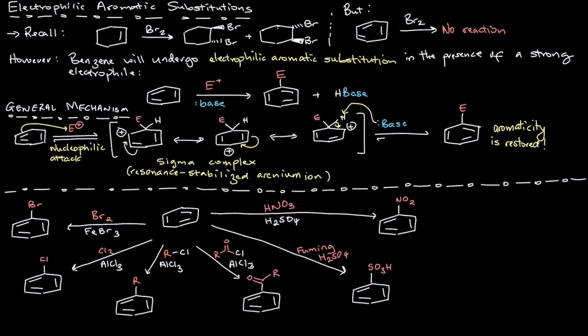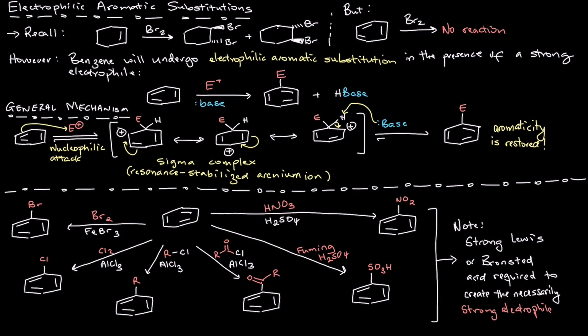The last two, you can take your benzene and treat it with what we call fuming sulfuric acid, and that would put your sulfonate group, or your SO3H group, on your benzene. And then lastly, take your HNO3, a concentrated nitric acid solution, in the presence of H2SO4, and that will put a nitro group on your benzene.